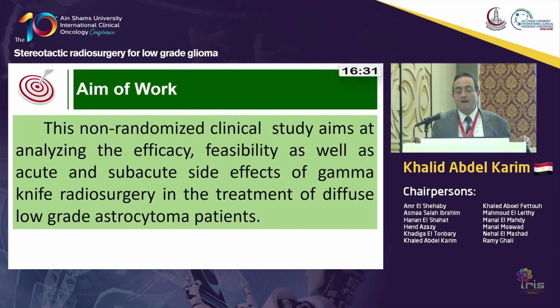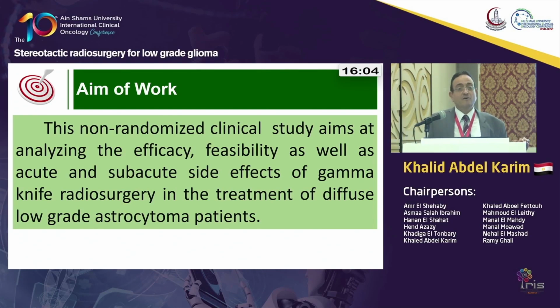This non-randomized clinical study aims at analyzing the efficacy, feasibility, as well as acute and subacute side effects of gamma knife radiosurgery in the treatment of diffuse low-grade astrocytoma patients. This is always a gray zone. The pilocytic or the very low grade is surgery and do nothing, or gamma knife.